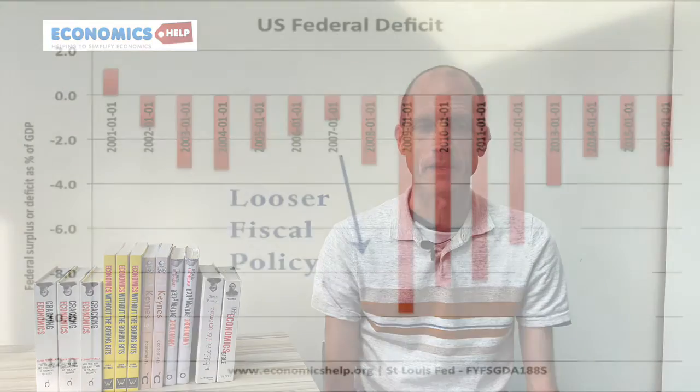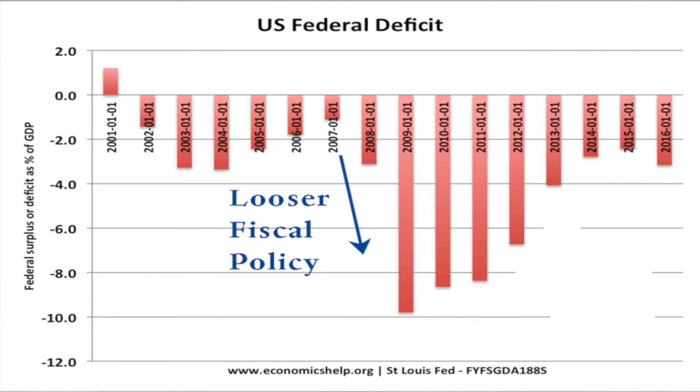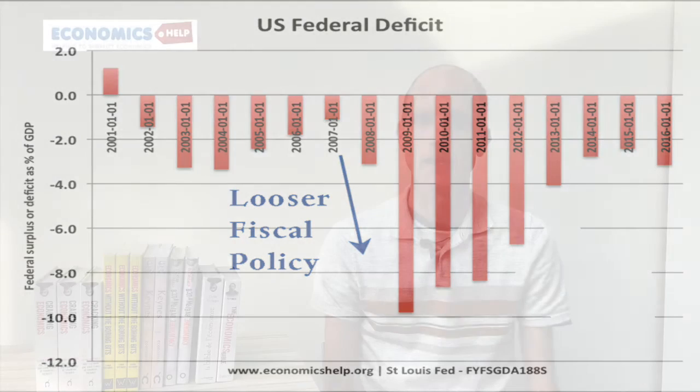And through higher government spending, you can create public works, which leads to the employment of people. Examples of this include Roosevelt's New Deal in the early 1930s and the US response to the financial crisis in 2009, where there was an element of expansionary fiscal policy, higher government spending and lower taxes.